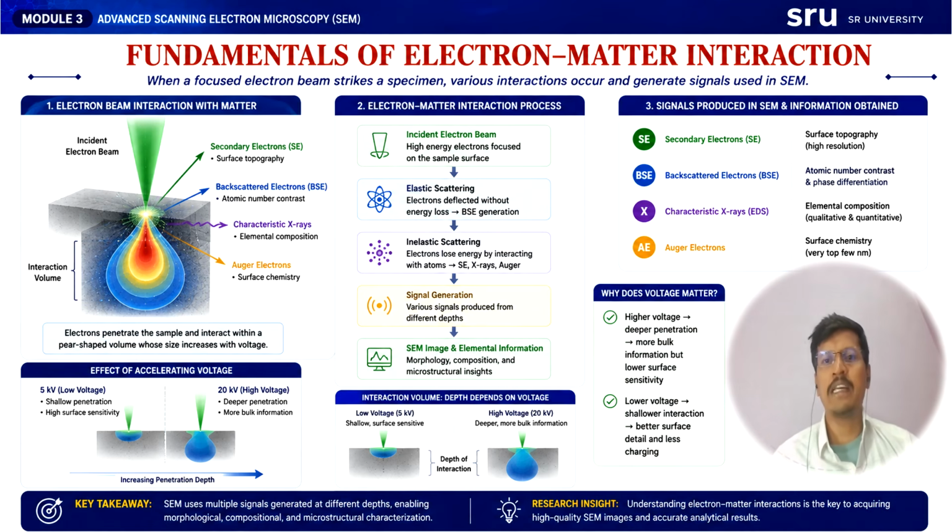At higher voltage, the electrons penetrate deeper into the specimen and generate more signals from the bulk material.